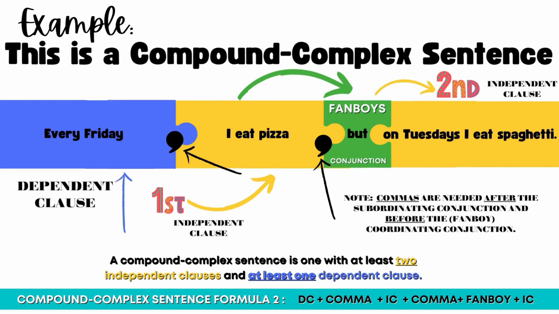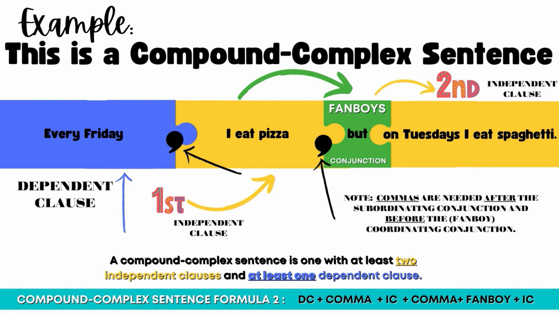Now for formula number 2. This is also a compound complex sentence, and we have here also two independent clauses. I eat pizza, and then on Tuesdays I eat spaghetti. But now we're putting our dependent clause first. So because the dependent clause comes first, we need to have a comma between the dependent clause and the independent clause.